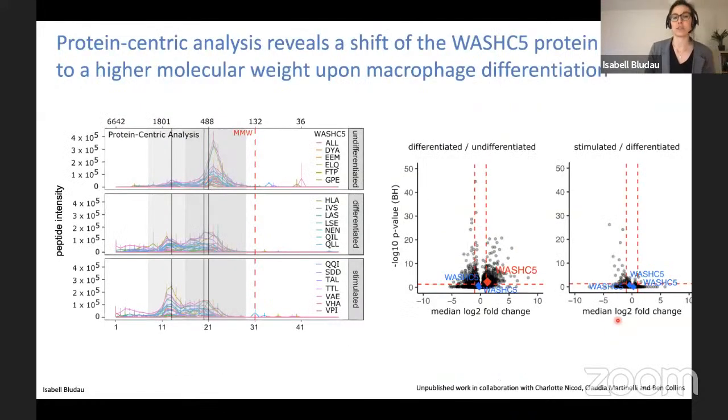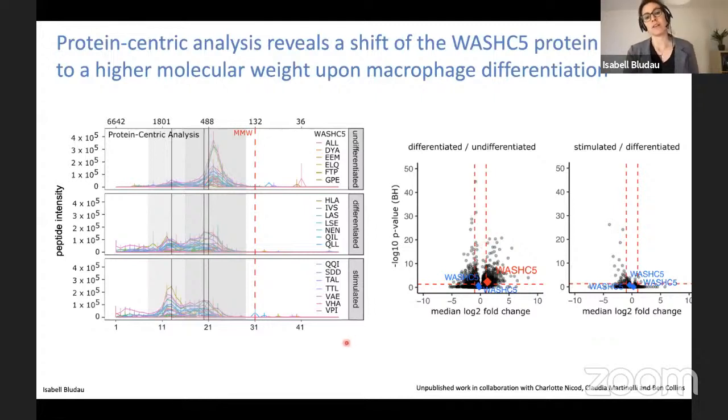Here I just want to show one example of a protein-centric analysis that revealed the WASHC5 protein that moves from a lower molecular weight peak to a higher molecular weight assembly state. We can see here that a lot of proteins do such a transformation between different individual peaks.